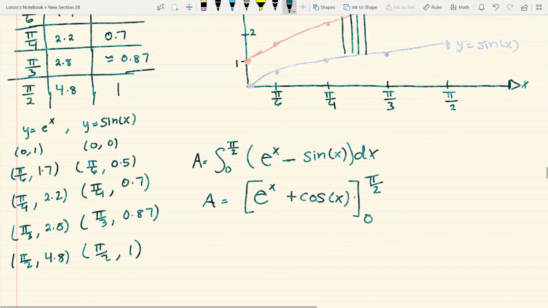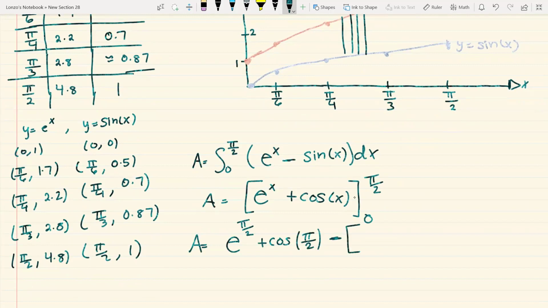So do the upper bound minus lower bound. So that's going to be e to the pi halves plus cosine of pi halves, minus this one would be e to the 0 plus cosine of 0.